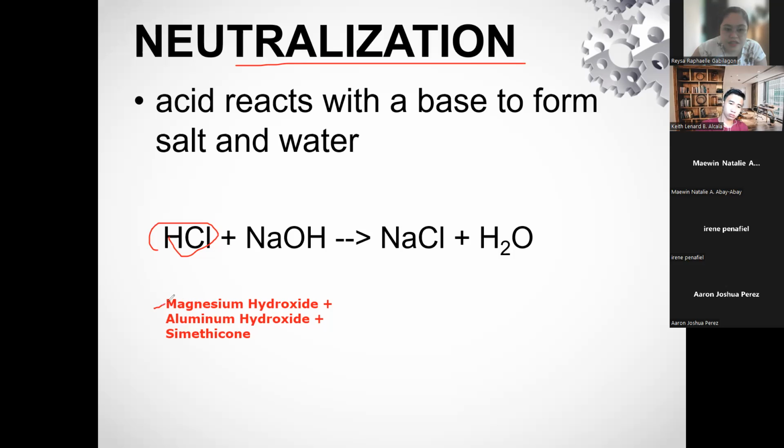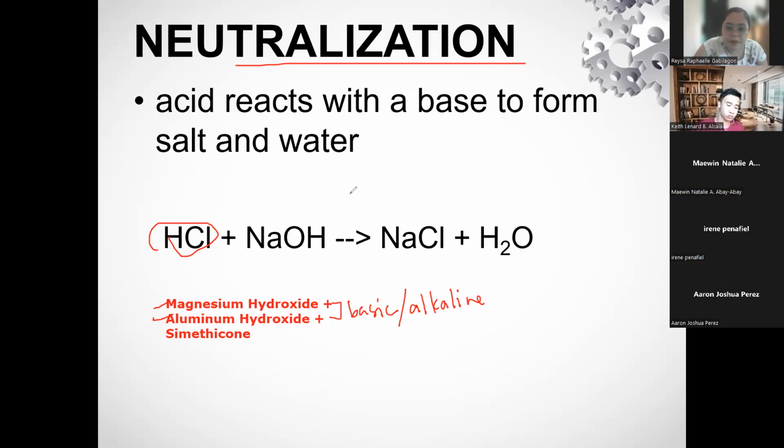So these are the examples of basic substances: magnesium hydroxide and aluminum hydroxide. Mga basic substances ito. Mga base or alkaline. So parehas lang yung base and alkaline ha, basic or alkaline. So when it reacts with acid, it will form a salt and water.